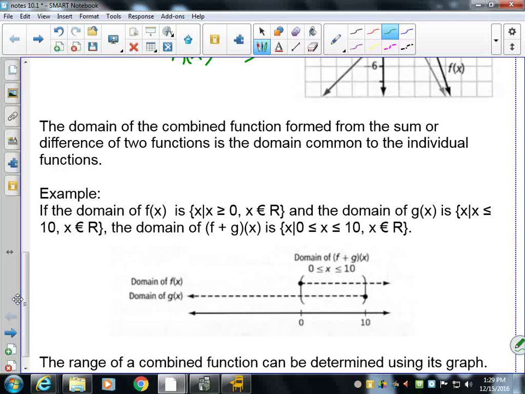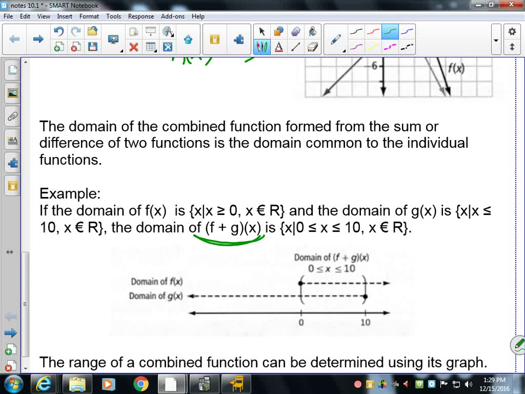For example, if the domain of f of x is x greater than or equal to 0, and the domain of g of x is x less than or equal to 10, the domain when we add these two functions together will only be between 0 and 10, the values they have in common. Okay, so the commonality.